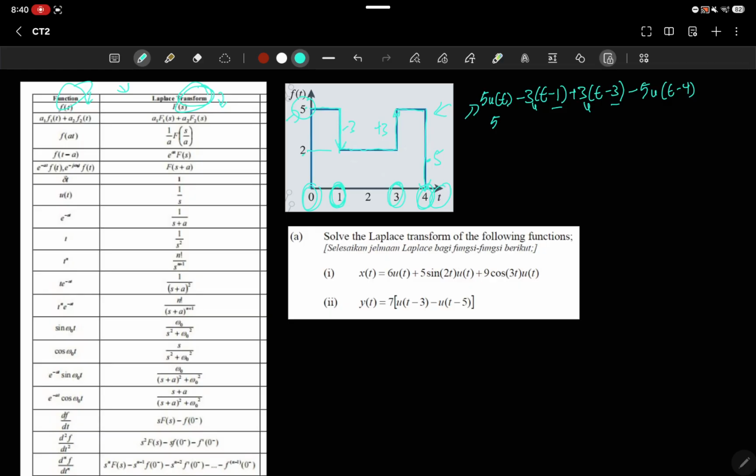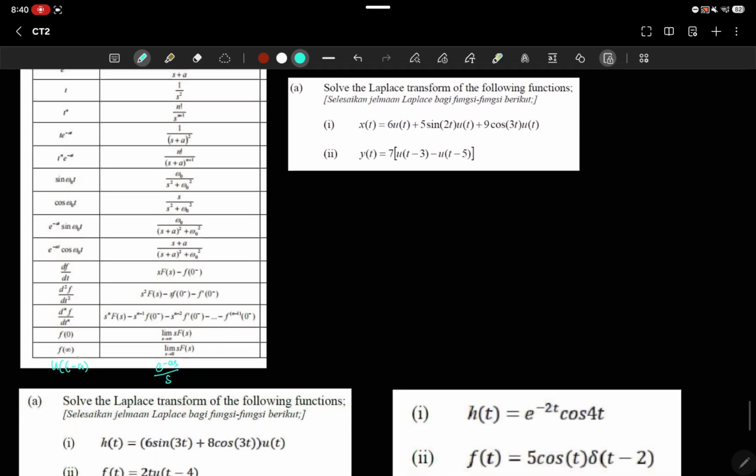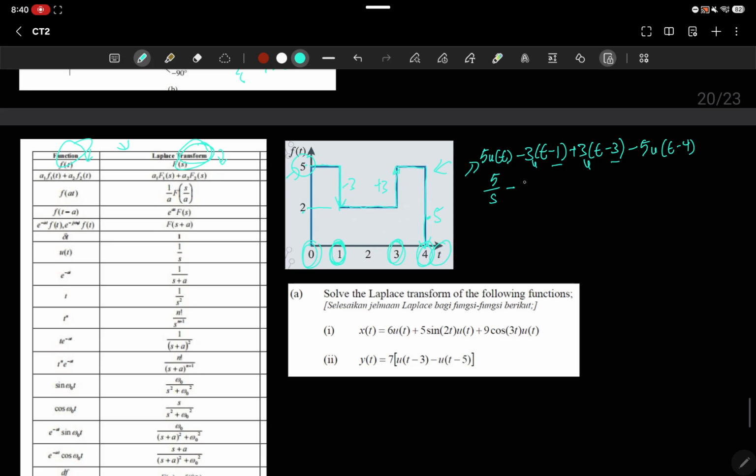This is in the time domain, and we need to write it in the S domain. When writing in the S domain, it's 5 over s. If you remember, I asked you to write that u(t minus a) is equivalent to e to the minus as over s. So when you transform it, you will get negative 3e to the negative s over s plus 3e to the negative 3s over s plus minus 5e to the negative 4s over s.